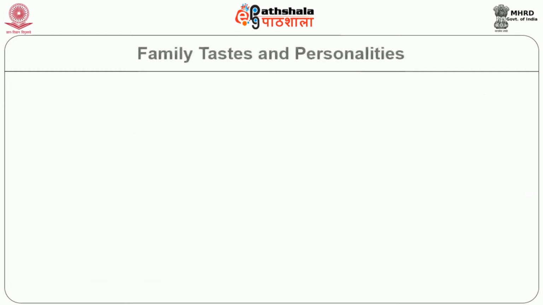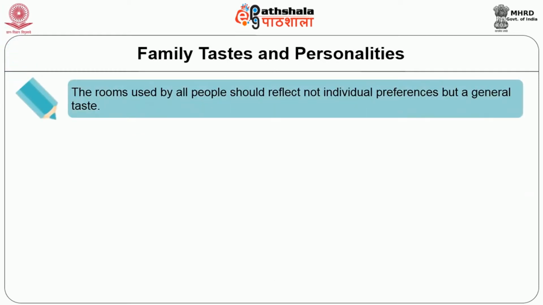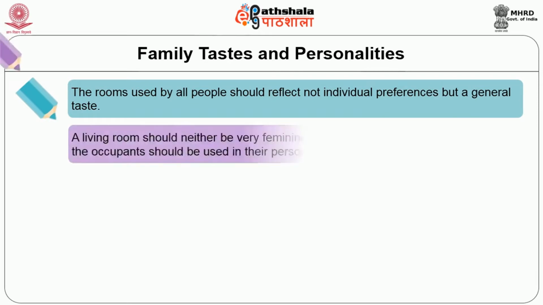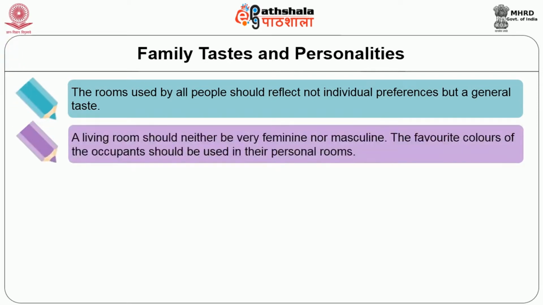Family taste and personalities. Some rooms used by all people should reflect not individual preferences but a general taste. A living room should be neither very feminine nor masculine. The favorite colors of the occupants should be used in the personal rooms.